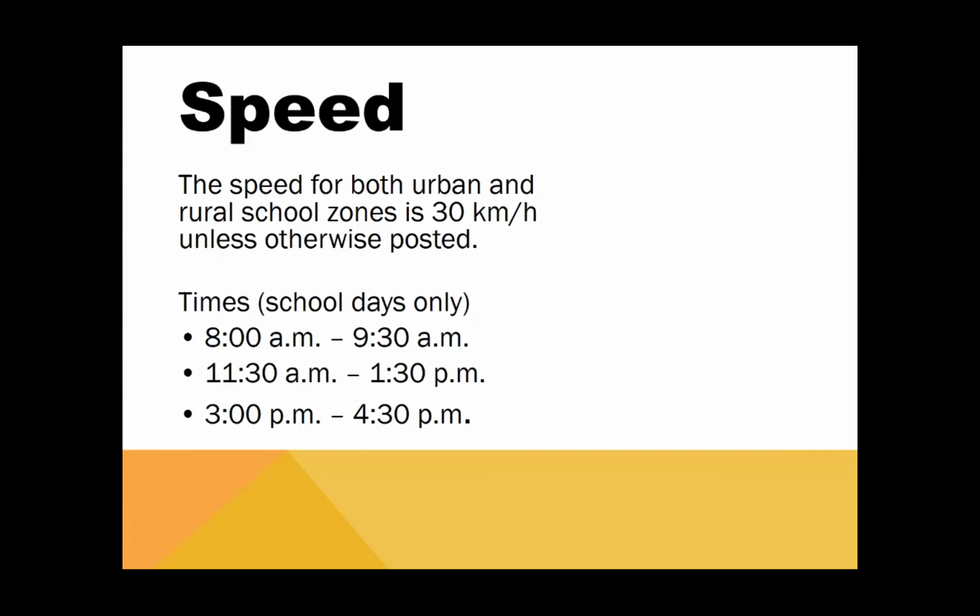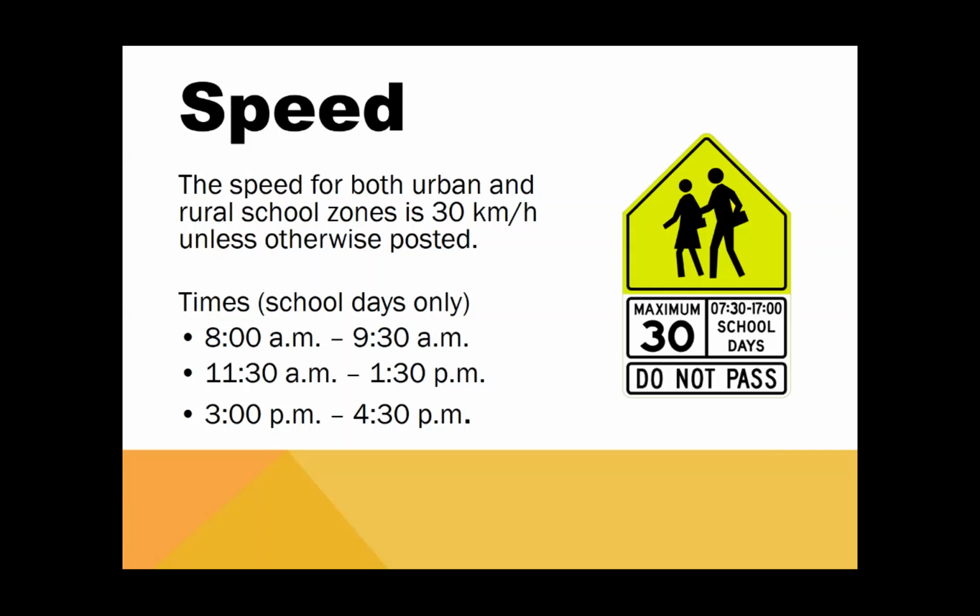The speed for both urban and rural school zones is always going to be 30 kilometers an hour unless they post otherwise. They could reduce it more, but the maximum you're going to go through a school zone ever is 30 kilometers. And it could tell you the times of school zones. Generally these are the times, like morning, lunch, afternoon.